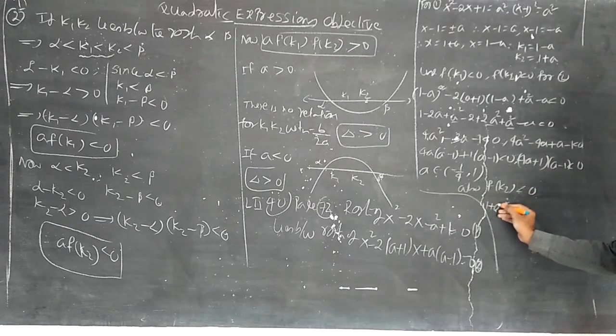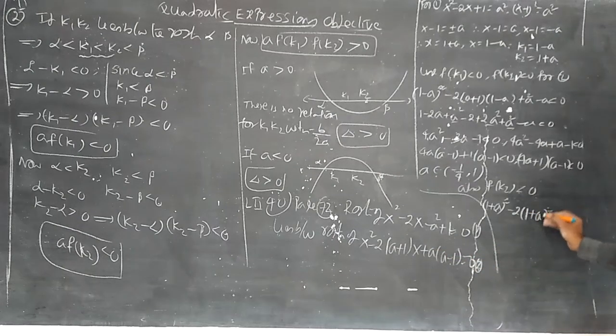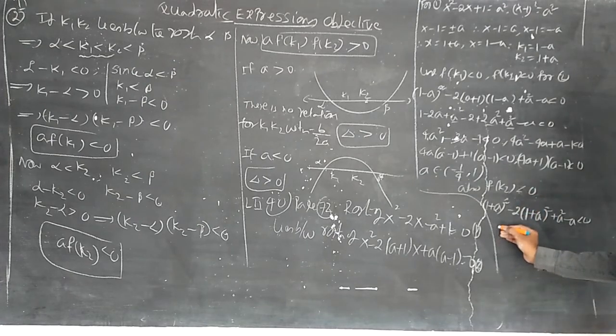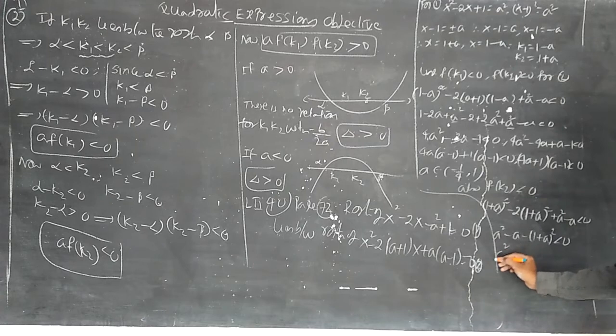So here 1 plus a whole square minus 2 into 1 plus a into 1 plus a, you can write 1 plus a whole square, plus a square minus a less than 0. Here 1 plus a whole square minus 2 into 1 plus a whole square becomes minus of 1 plus a whole square, plus a square minus a less than 0.